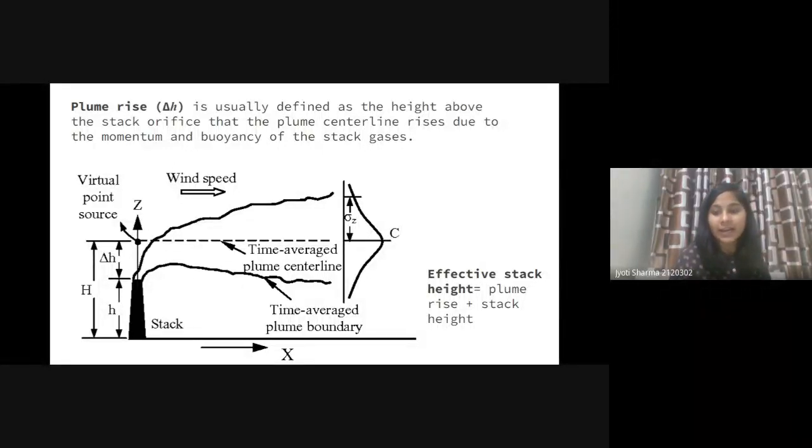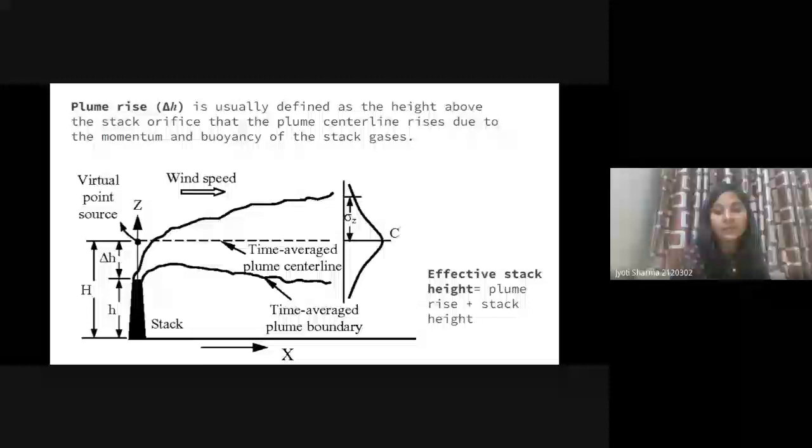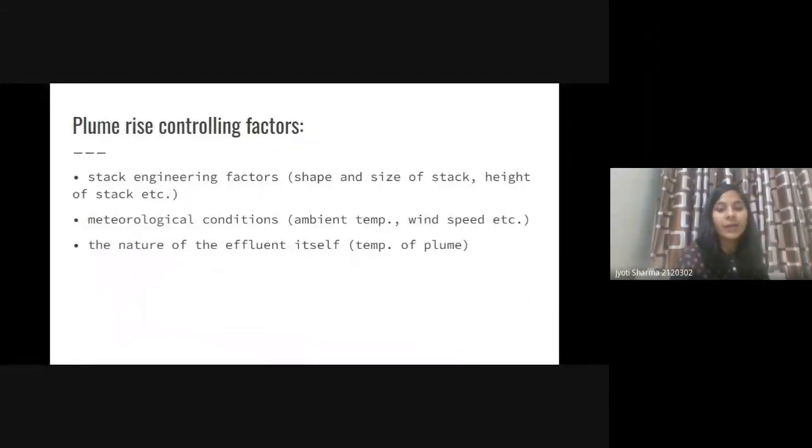Here you can see the delta H. Delta H is nothing but the plume rise, and if you want to calculate it, you must have values of some controlling factors. These are factors related to the stack, for example the shape, the size, the height of the stack, then the meteorological conditions, such as the ambient air temperature and wind velocity, and the nature of the effluent itself. What's the temperature of that plume?